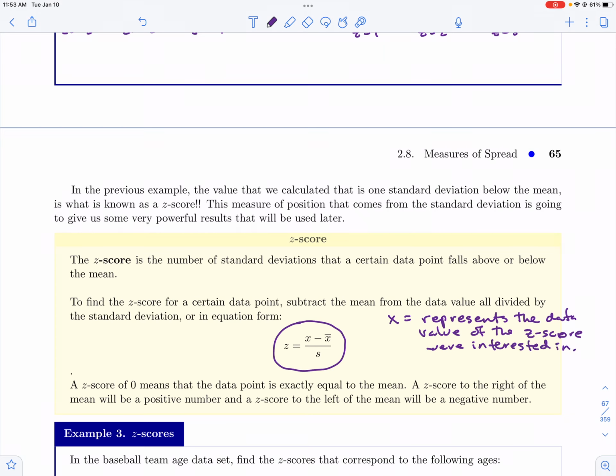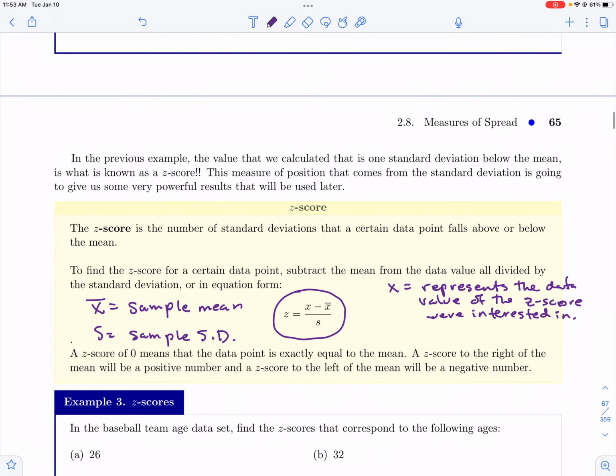Our x bar is, of course, our sample mean. And our s is, of course, our sample standard deviation. So we're going to calculate this little fraction. That's going to give us a z-score, and that'll tell us, from a number line perspective, how far away we are from the mean, whether we're to the right or the left.